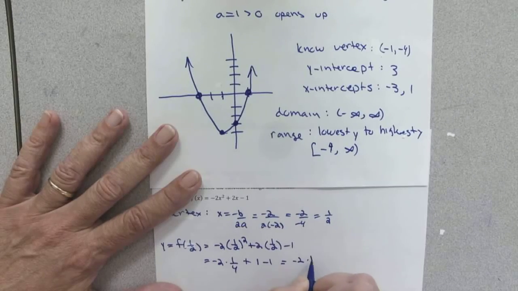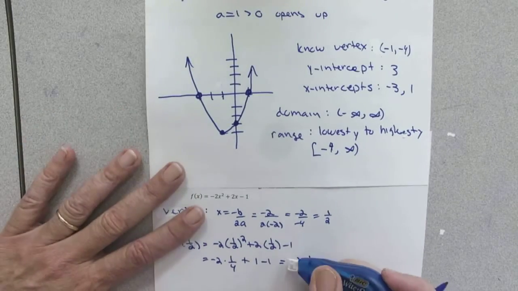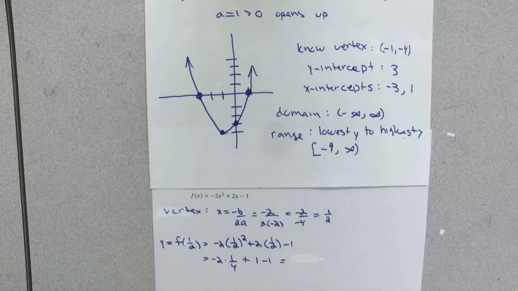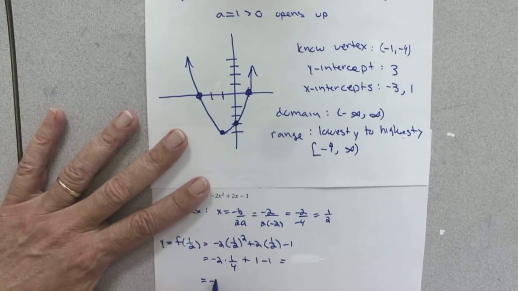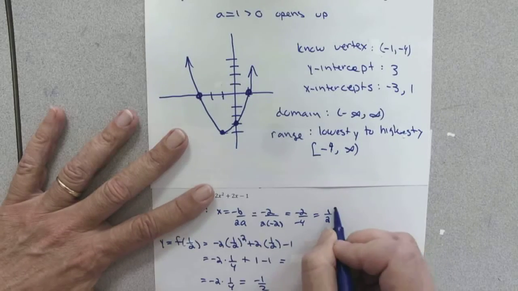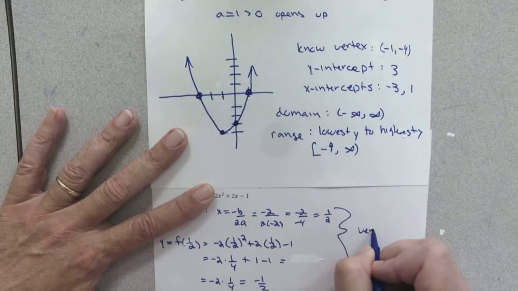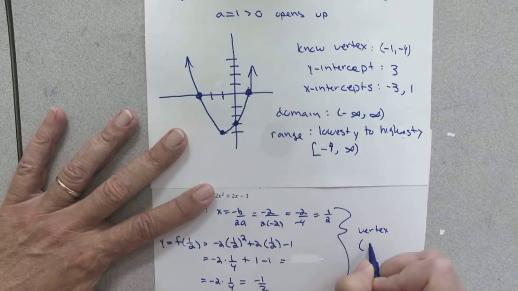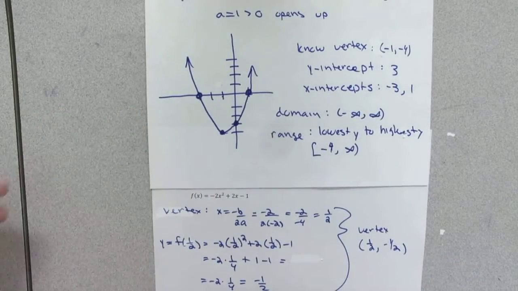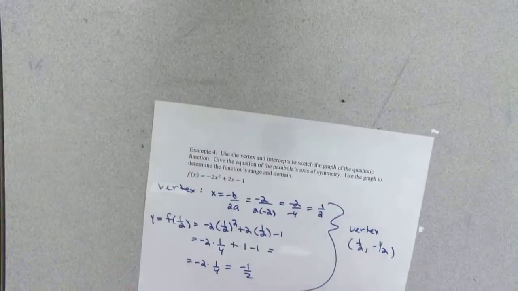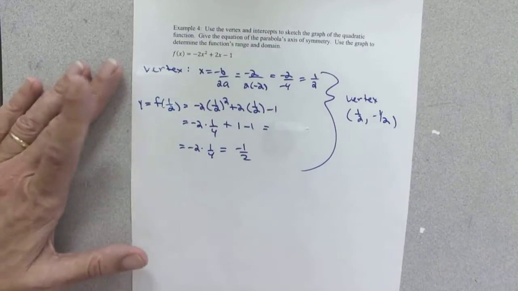So I have negative 2 times 1/4. Just being very specific with all my arithmetic. Negative 2 times 1/4, which is negative 1/2. And so my vertex is 1/2, negative 1/2. Not pretty, but that happens.